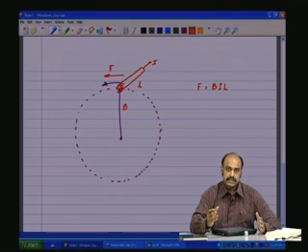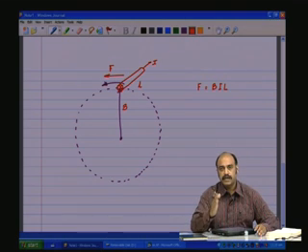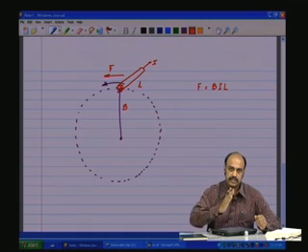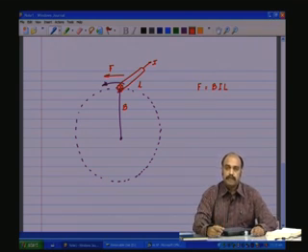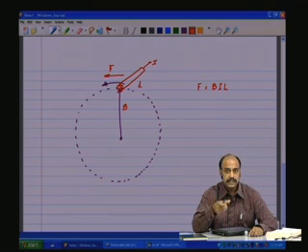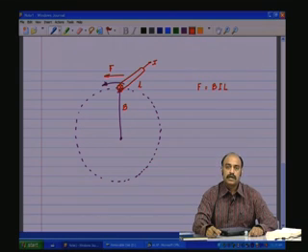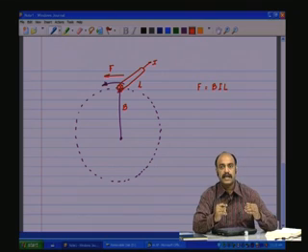Now suppose, let us say, that the rotor has caught up with the magnetic field, which means the magnetic field and the rotor conductors are rotating at the same speed. This means there is no relative speed between the magnetic field and the rotor conductors, and therefore there is no cutting effect of the magnetic field, and therefore there is no induction of the current in the rotor, and as a consequence there is no force for the rotors to move, and therefore it will again lag behind.